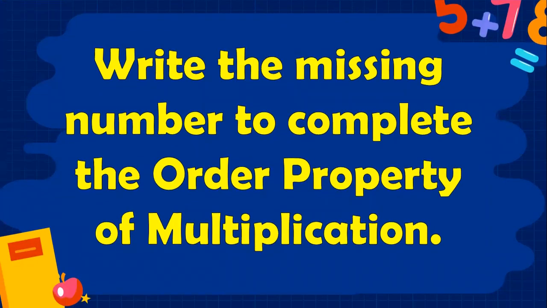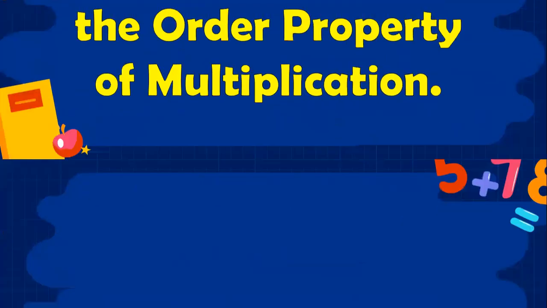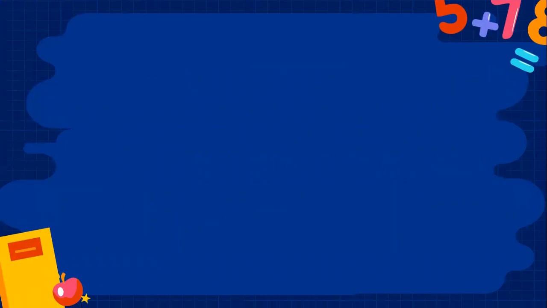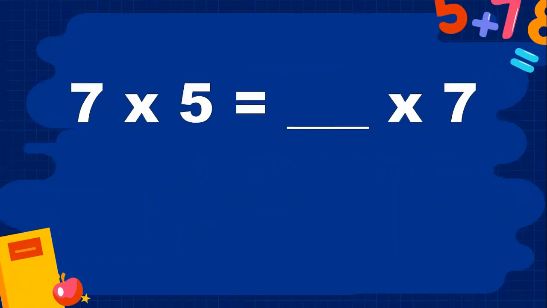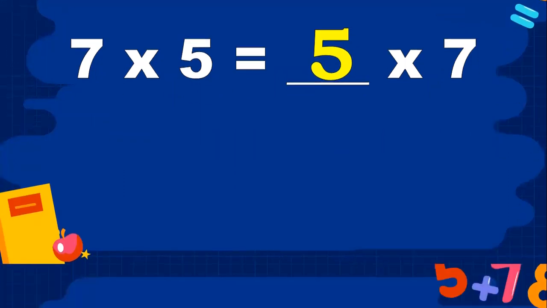Now, can you write the missing number to complete the order property of multiplication? Let's try. First one is all about commutative property. What is 7 times 5 is equal to blank times 7? What is the missing number? The missing number is 5. 7 times 5 is equal to 5 times 7.